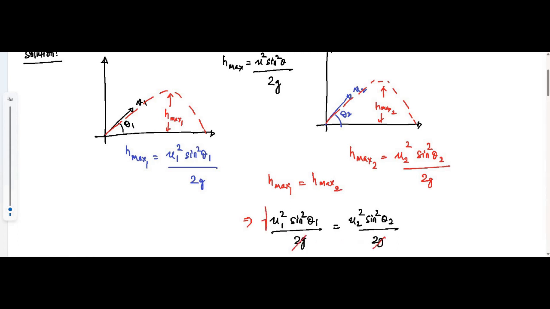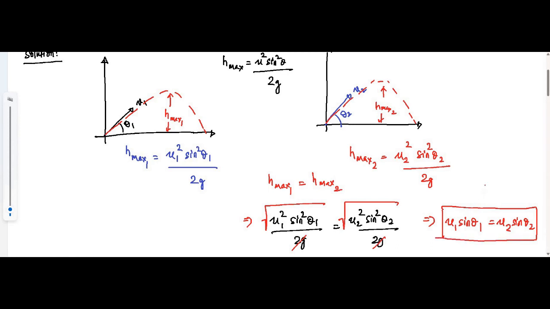Then taking root on both sides, we have u1 sine theta 1 is equal to u2 sine theta 2. This is the important point. This is the first point.